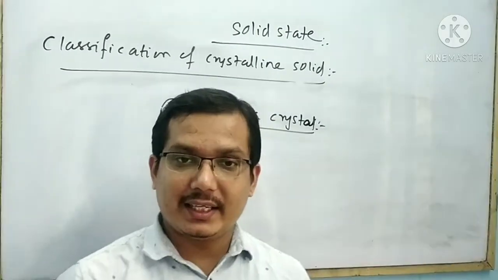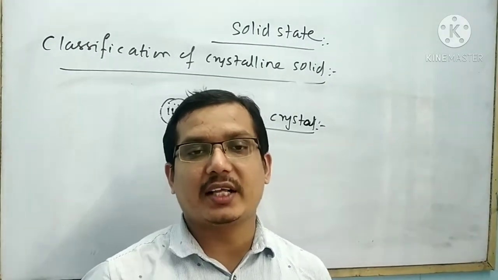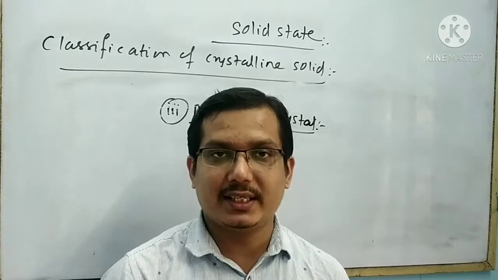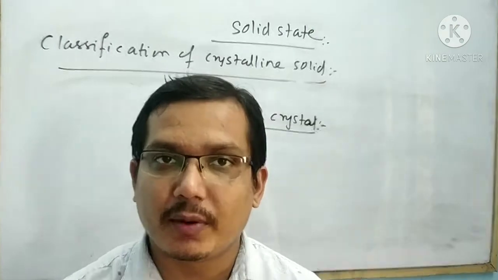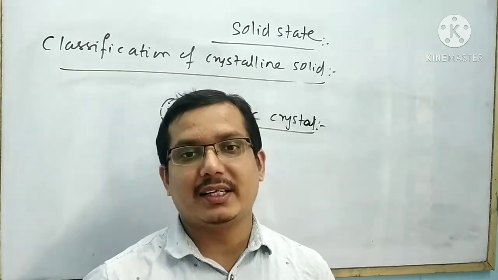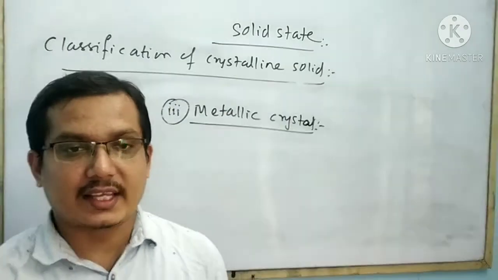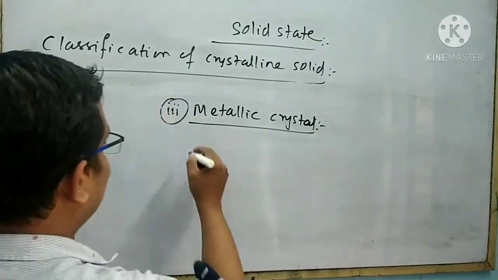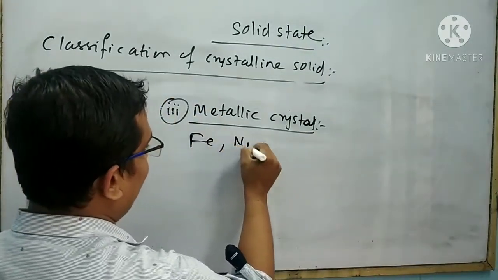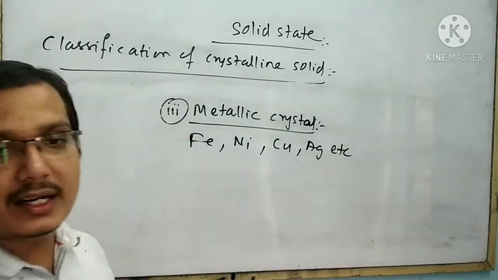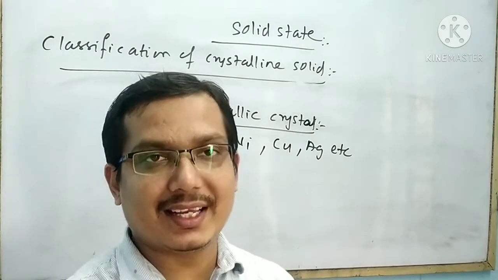Obviously, in metallic crystals, the positively charged metal ions are placed in the lattice points of the crystal and are held together by metallic bond. The examples of metallic crystals are iron, nickel, copper, silver, etc.